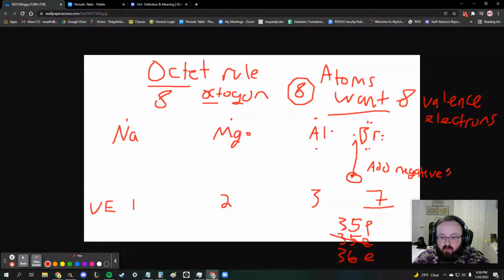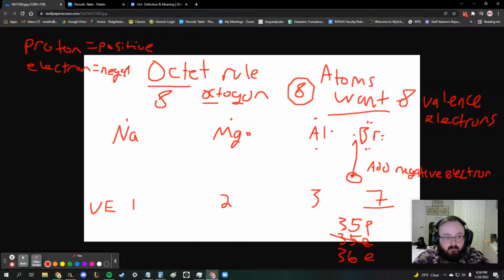Negative electron. As a reminder, I'm going to put this on the top right. Protons are positive and electrons are negative. Okay?